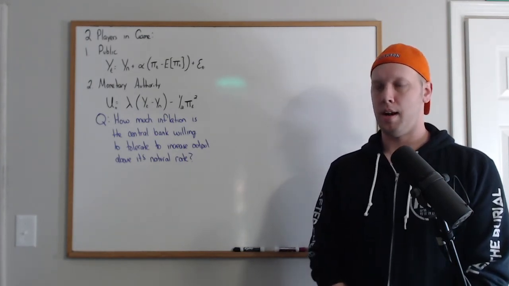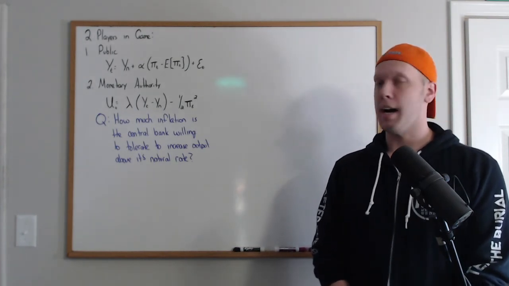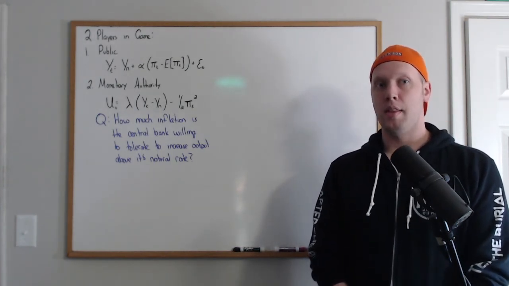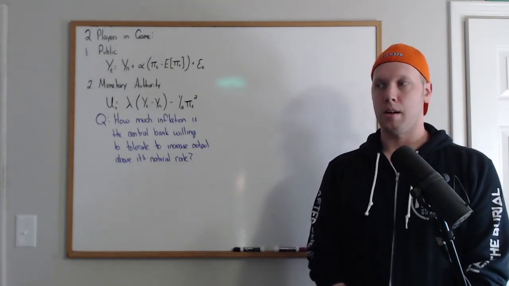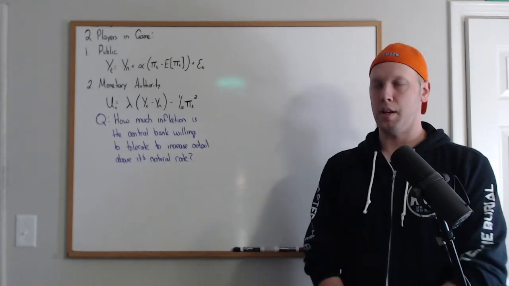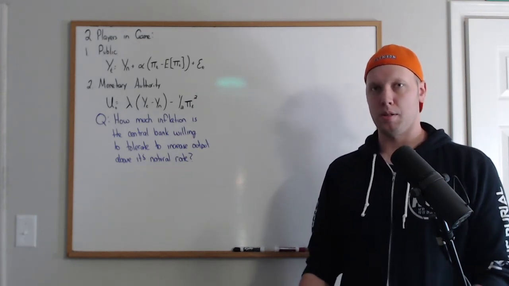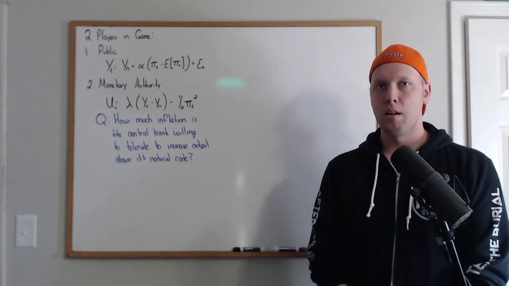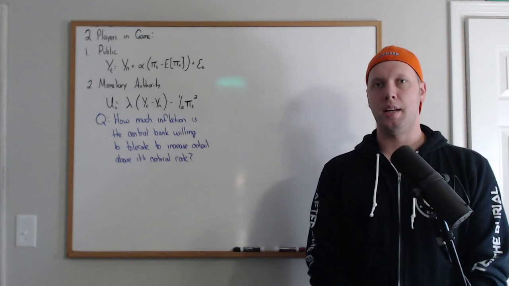We're going to talk about how the central bank is going to announce a certain rate of inflation to guide public expectations, and then how the central bank is going to actually engage in monetary policy to drive inflation in hopes of driving output, and when and where there may be certain times that they'll deviate from what they announce. That is coming up in the next lecture, so stay tuned.